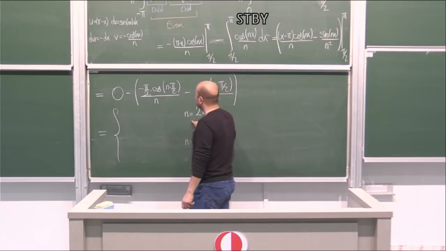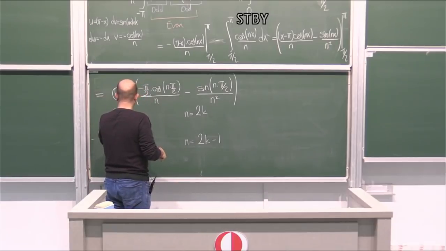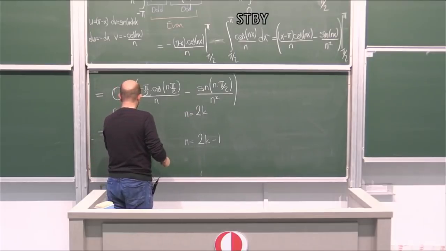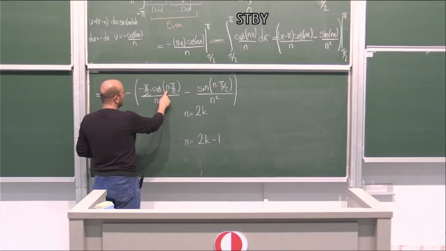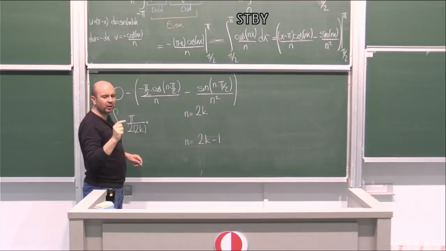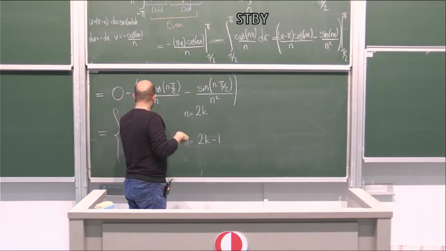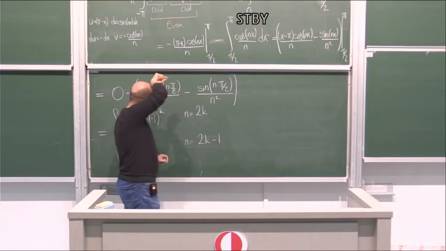We have minus, we get plus, pi over 2n, and now n is 2k, times cosine of 2k pi over 2. The 2's are canceling, we get cosine pi k. But cosine pi k, when k is odd, you get minus 1, and when k is even, you get plus 1. So we get actually just minus 1 to the k here.